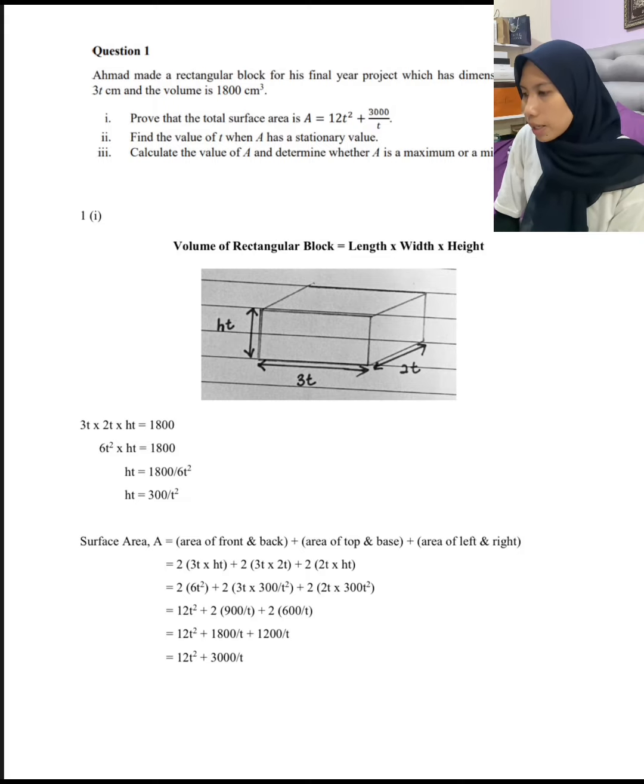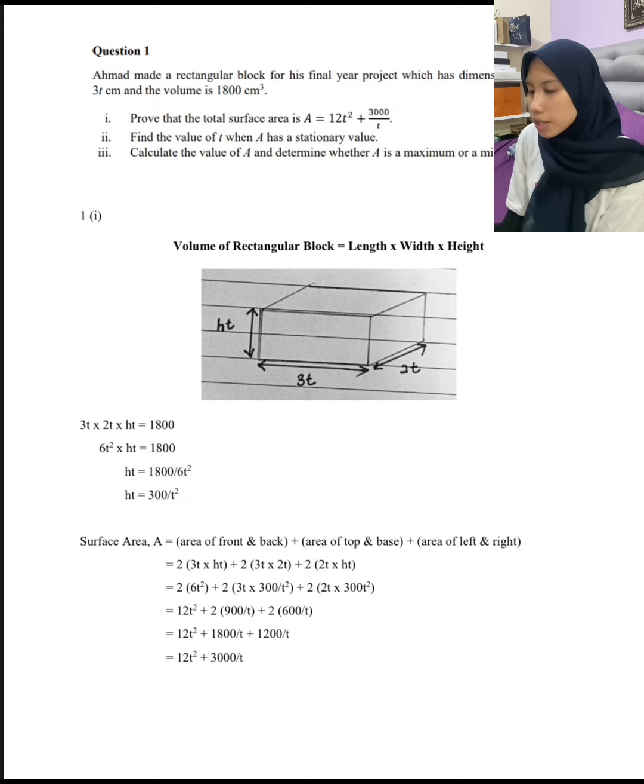So 3t multiply 2t multiply ht equal 1800. 6t² multiply ht equal 1800. ht equal 1800 over 6t². ht equal 300 over t².